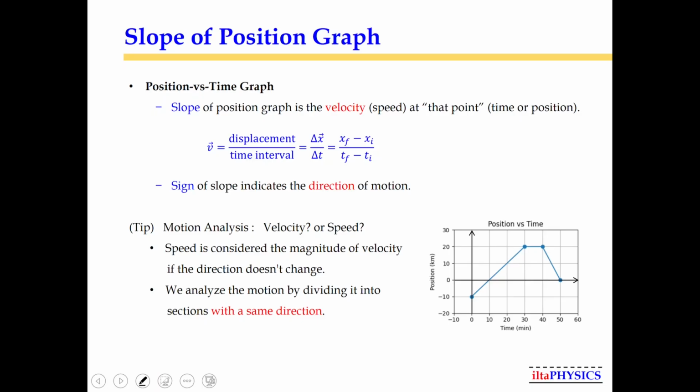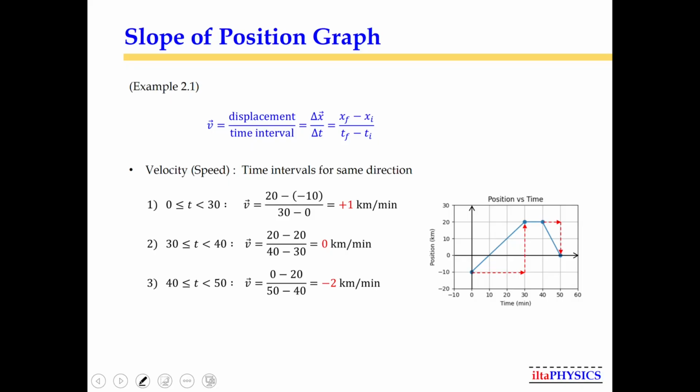So, in an example like this one where the object changes direction from right to left, it's a good idea to break the motion down into parts with the same direction and analyze each section separately. Remember how in the last lesson, we ran all the way around a track, but the velocity came out to be 0? That example will help you understand.